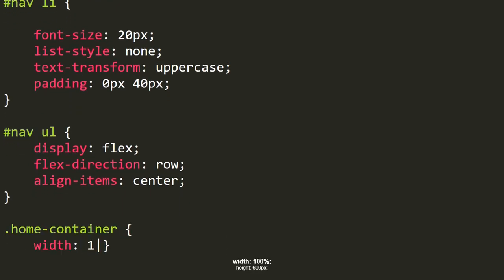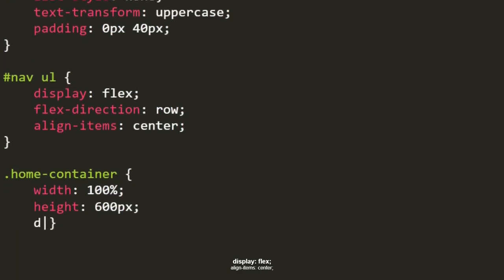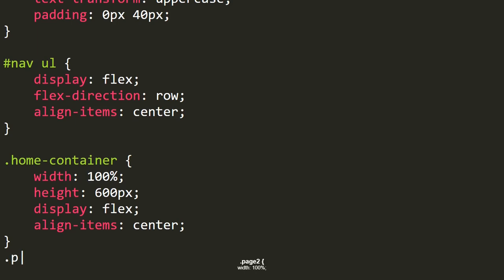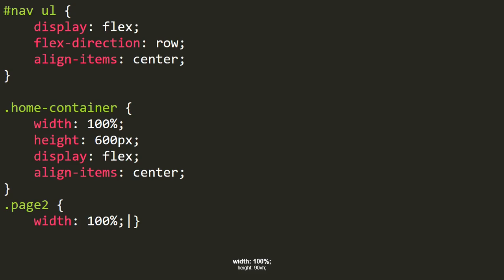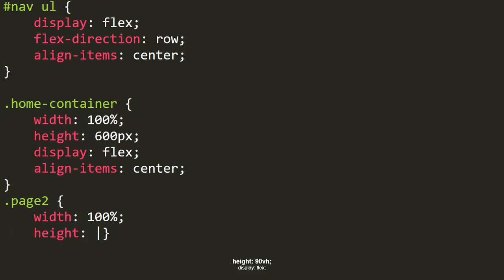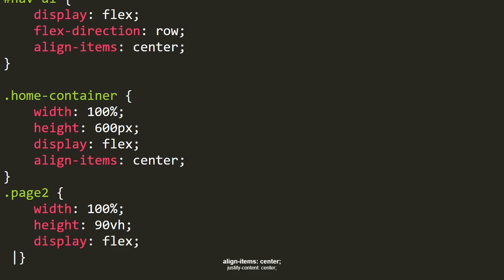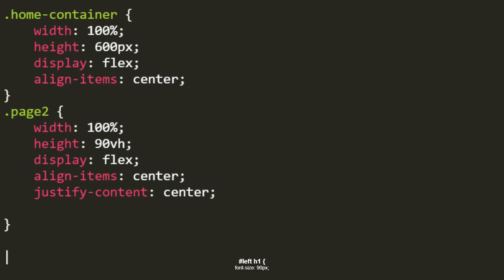Dot home container, width 100%, height 600px, display flex, align items center. Dot page 1, width 100%, height 94vh, display flex, align items center, justify content center.